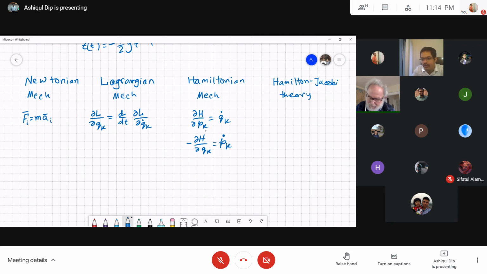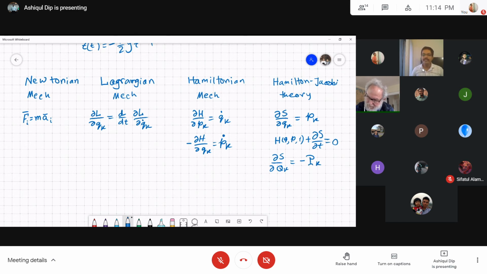For Hamilton-Jacobi theory, we have a set of 5 equations, but 2 of them are trivial, so we do not write those down. The non-trivial ones are delta S by delta qk equals pk, the definition of momentum. Then H as a function of q, p, t, plus delta S by delta t equals 0. And the final one is delta S by delta big Qk equals negative big Pk.